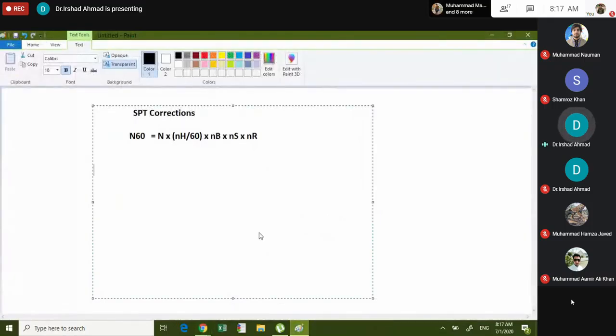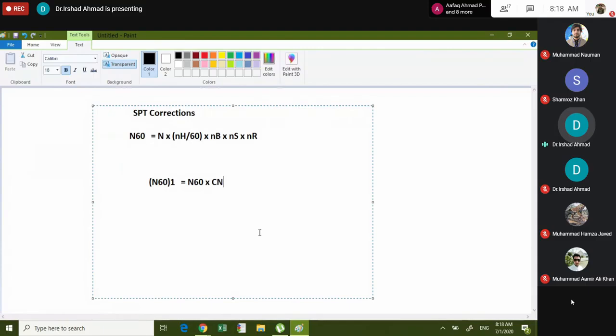Another correction that is sometimes used is the overburden correction. You multiply N60 with Cn, that is an overburden correction, and you would get N160. N160 means the blow count has also been corrected for overburden pressure, because as the overburden pressure increases, the SPT count will increase.